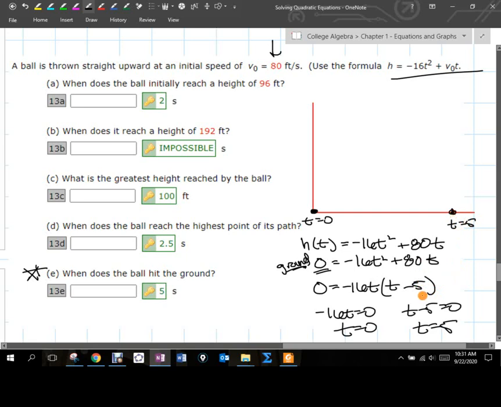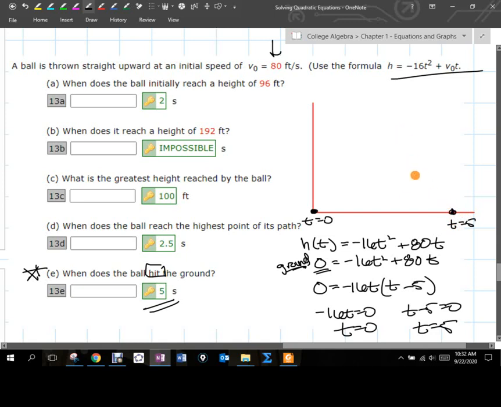There's my x-intercepts, right? Okay. Why did I only choose one of them? Yeah, when something hits something, it doesn't have to be moving. So at the initial time, that ball is not moving. Okay. It's not until the experiment is conducted and the object starts moving that we can say it actually hits the ground. Okay.